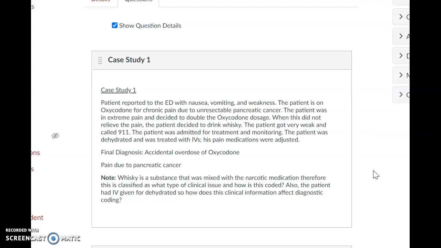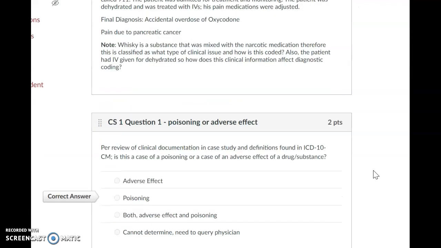Whenever you have a prescribed medication and you mix it with alcohol, this is also poisoning. A couple of different things that you want to make sure you remember. When you have poisoning, the T codes always come first. And then you have your signs and symptoms or any other diagnosis codes that will be secondary codes.